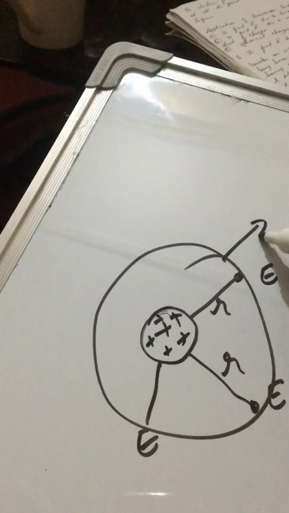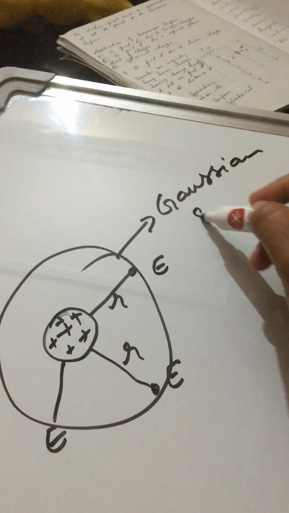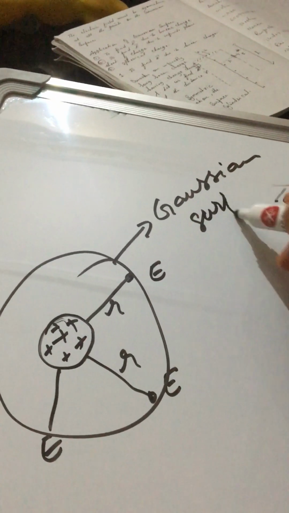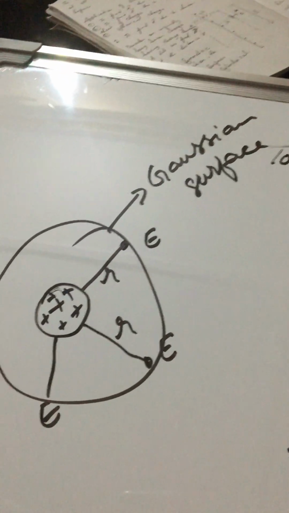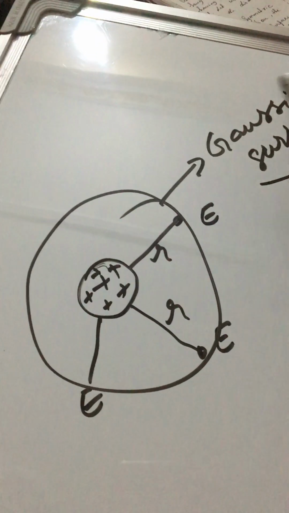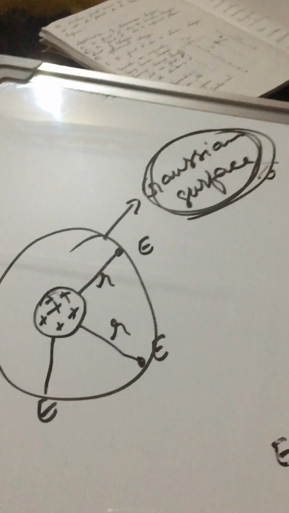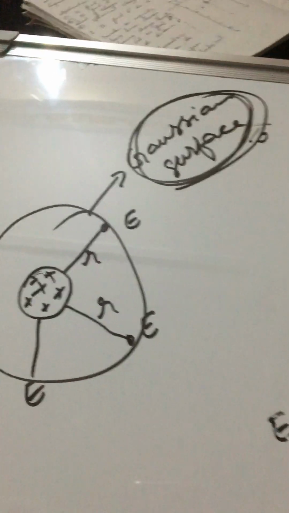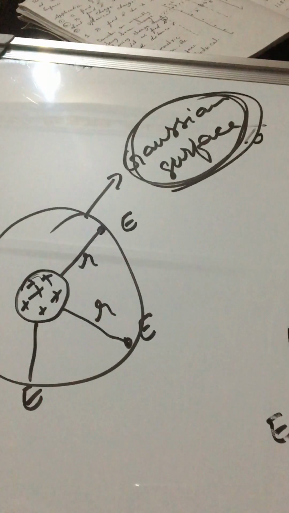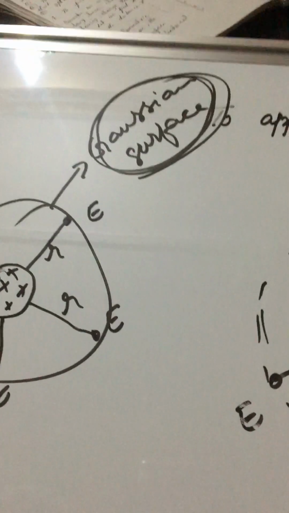So in this case, the Gaussian surface would be a sphere. I have given you in the notes that a Gaussian surface is an artificial, imaginary surface in order to use the Gauss theorem. Based on that, we are going to derive the expression of the electric field due to many types of charge distribution.